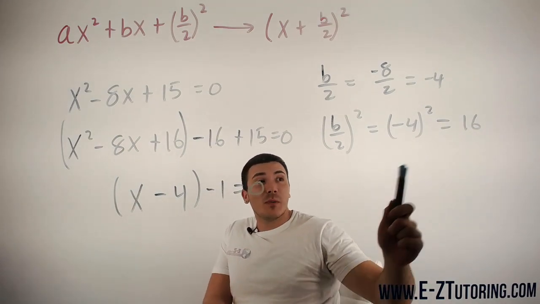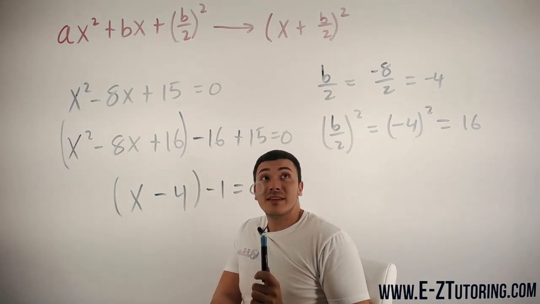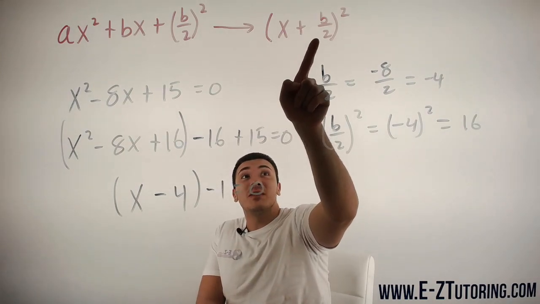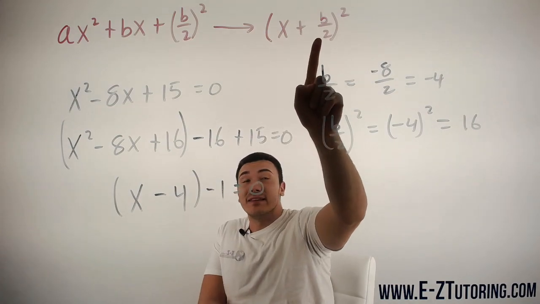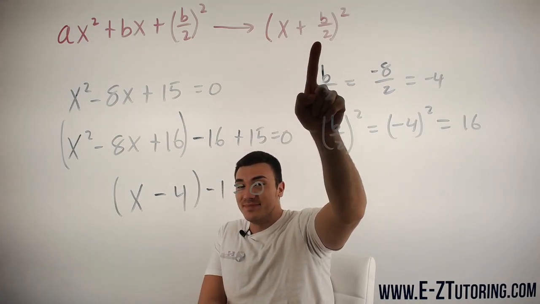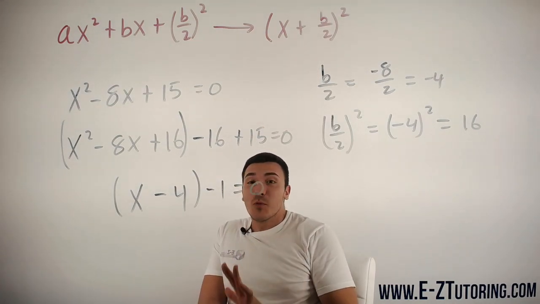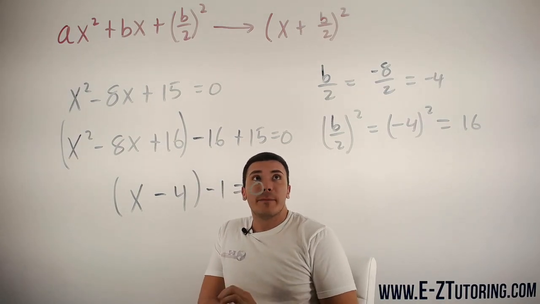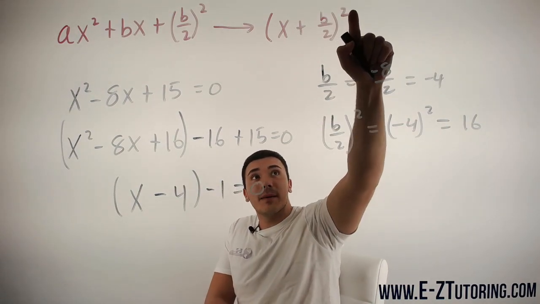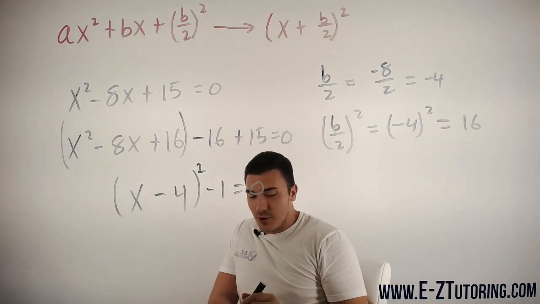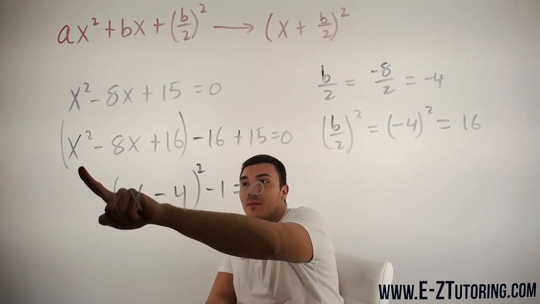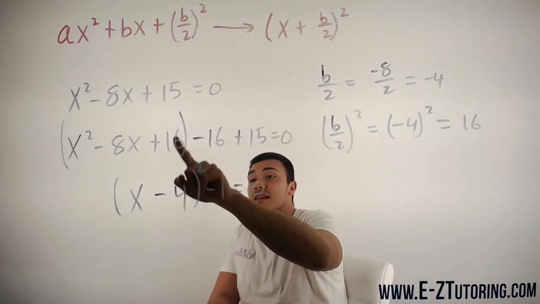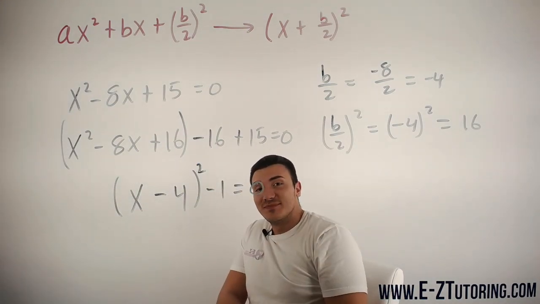A lot of people will put 16 over here, but you need to be careful because this is b over 2, not b over 2 squared like this. It's just b over 2. So that is a super common mistake in completing the square. Now, of course, we cannot forget about this 2 up on the binomial. So look at that, we have just completed the square. We went from x squared minus 8x plus 16 to x minus 4 squared.